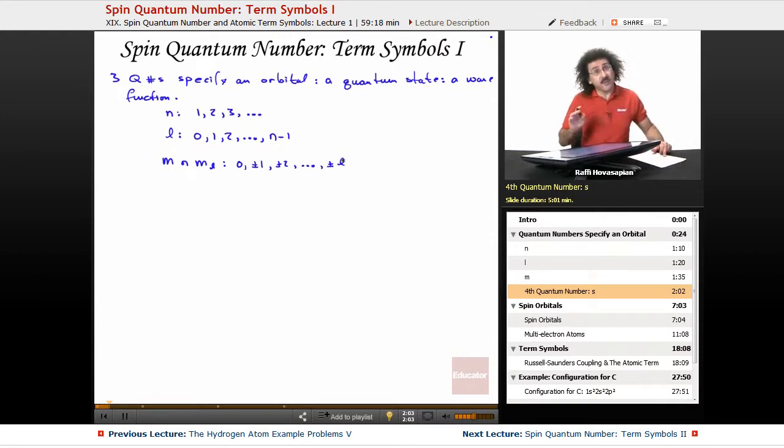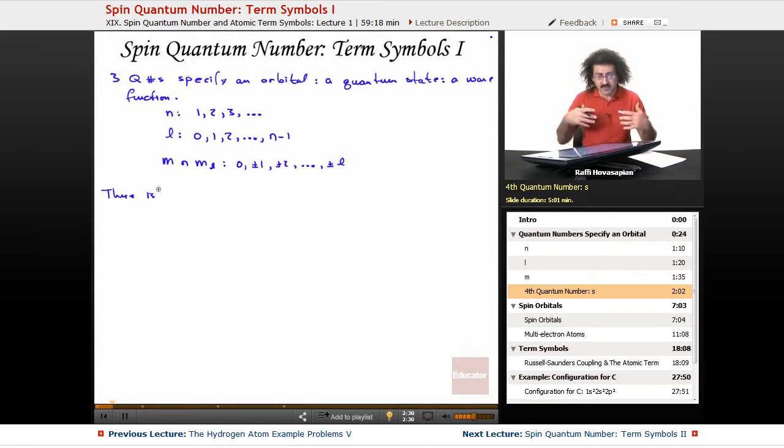Okay, there is a fourth quantum number. I'm not going to spend a lot of time talking about where this fourth quantum number comes from. I'm just going to introduce it, sort of tack it on to the 3 quantum numbers that we have, and if we need to go a little deeper into what it is, we will.